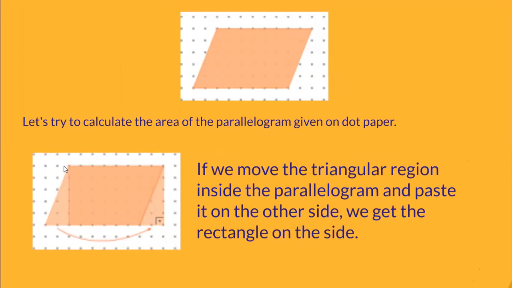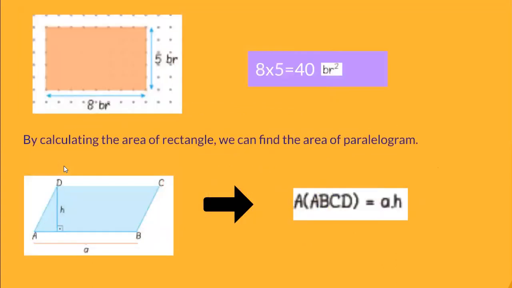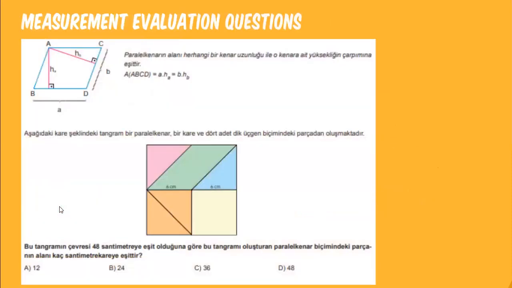Rectangle is here. 8 times 5 is equal to 40. By calculating the area of rectangle, we can find the area of parallelogram. Is it right? Yes. Okay. We can say that the formula of area of parallelogram is equal to A times H, side times height. Yes? Okay.